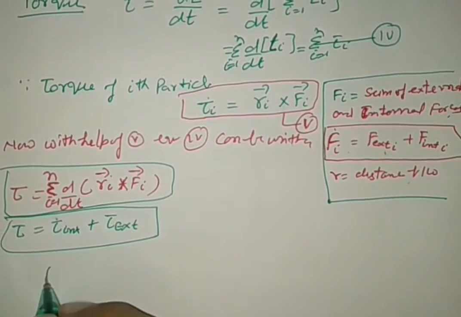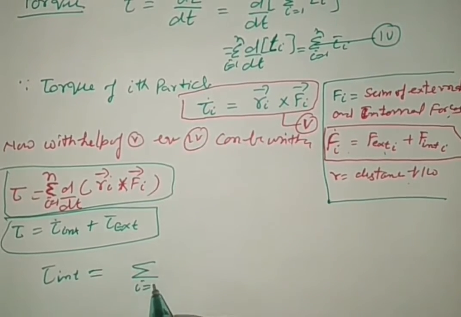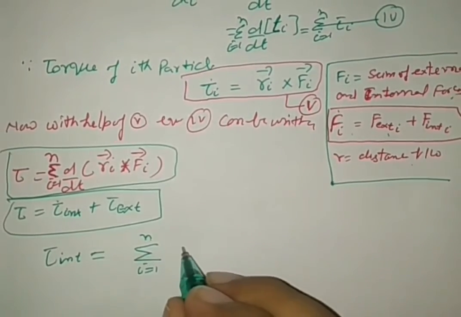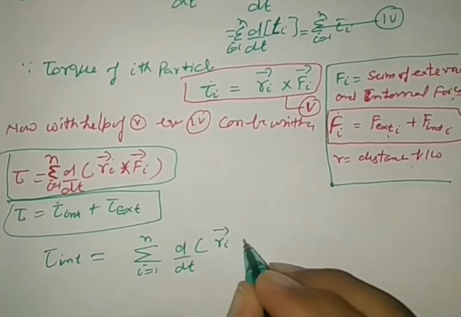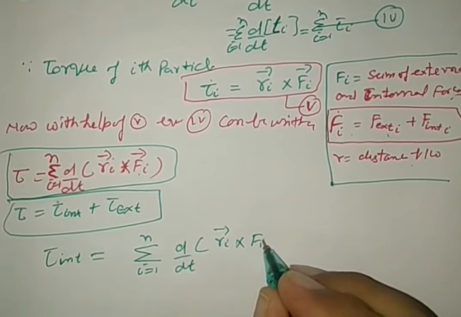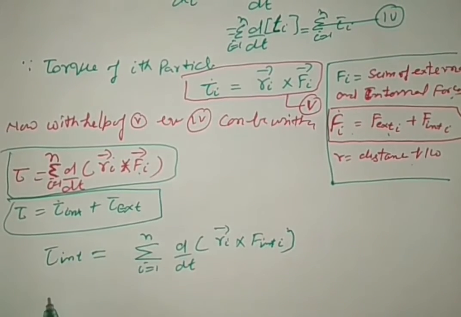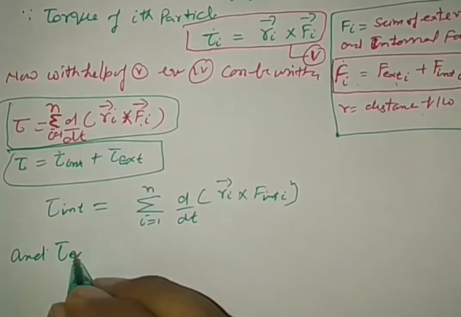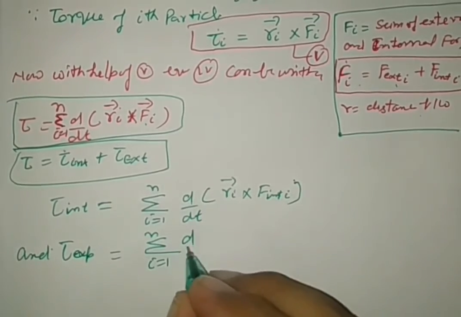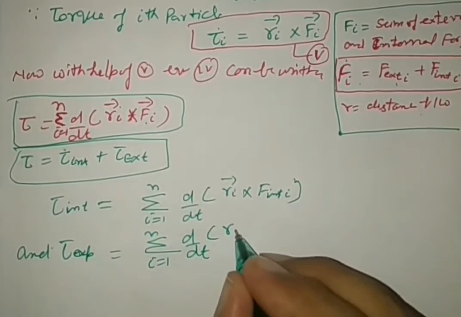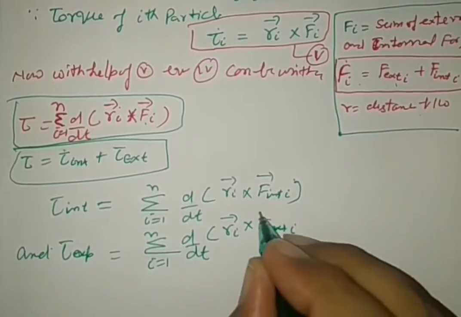In that condition, tau internal can be written as summation i equal to 1 to n of d by dt of Ri cross F internal for the ith particle, and tau external can be written as summation i equal to 1 to n of d by dt of Ri cross F external for the ith particle.